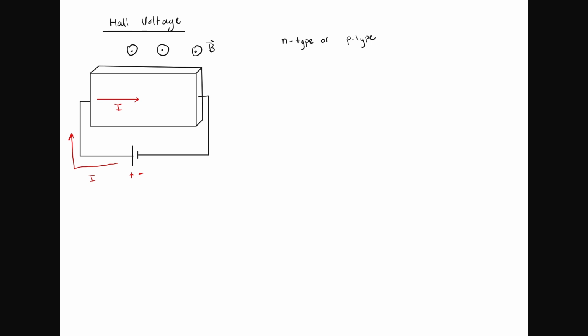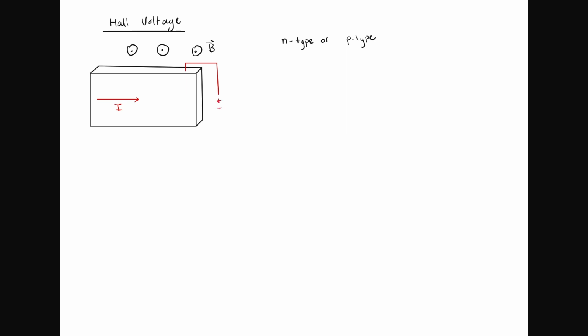When you have this situation, oftentimes in questions you'll get ones that don't show any of the circuit like that. You'll just get the current direction shown and the B, and then you might get a voltmeter hookup as well. So let's say we have a voltmeter like that.